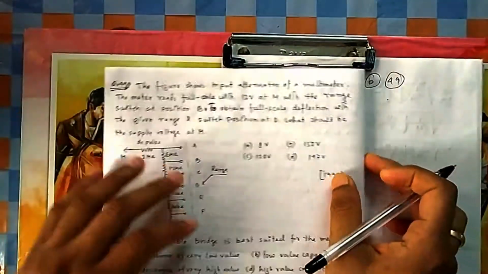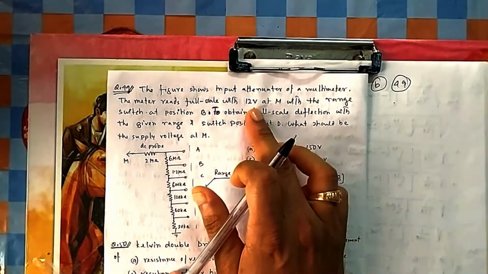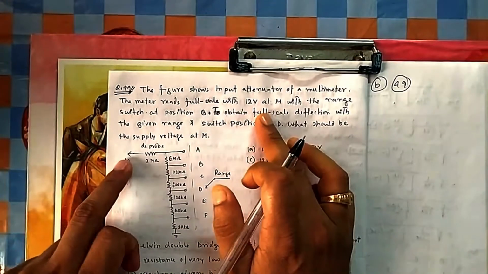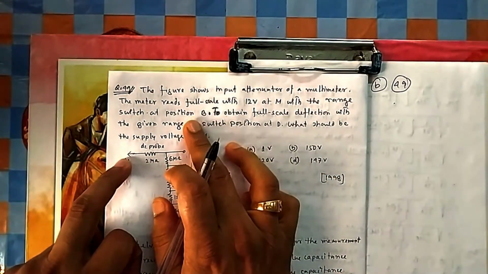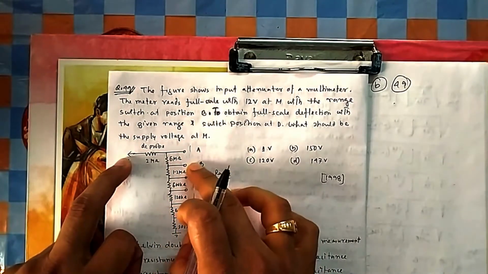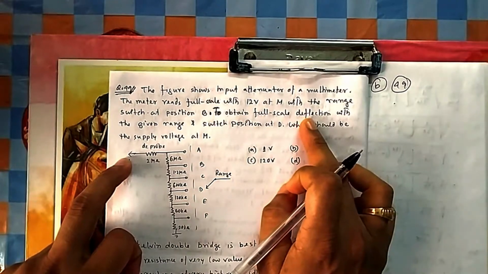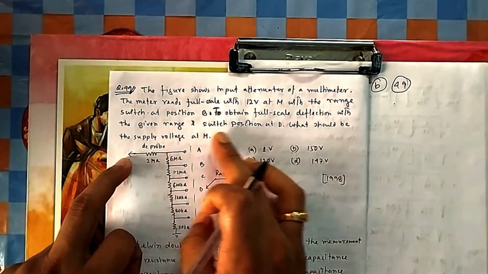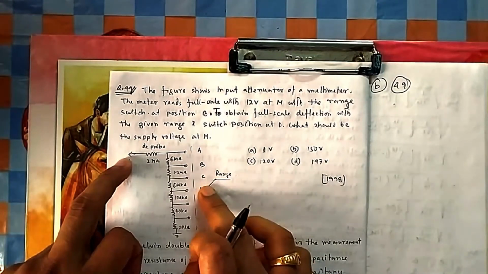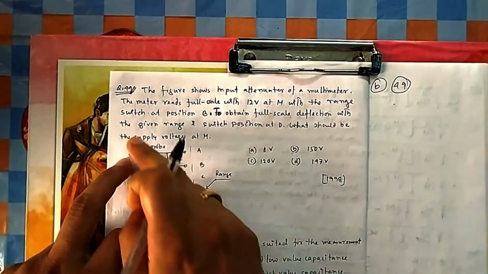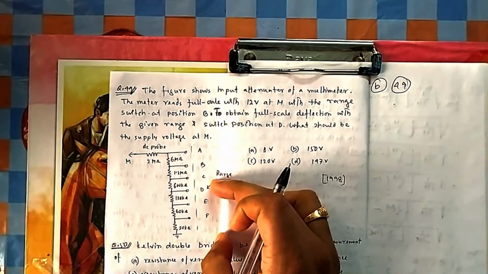49. The figure shows the input attenuator of a multimeter. The meter reads full scale at 12 volt at M. If you give 12 volt and keep the range switch at B, it will read full scale. To obtain full scale deflection with the given range, the switch position at D. Suppose now you keep your switch at D. What should be the supply voltage to get the full voltage?